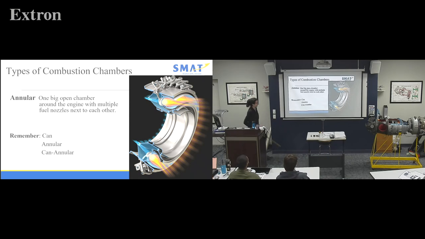Annular, now, we just have one big opening the whole way around. One big open chamber around the engine. It'll have multiple fuel nozzles around it, and the fuel nozzles will be kind of stacked next to each other.